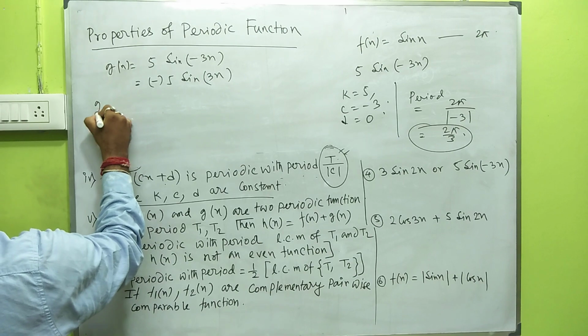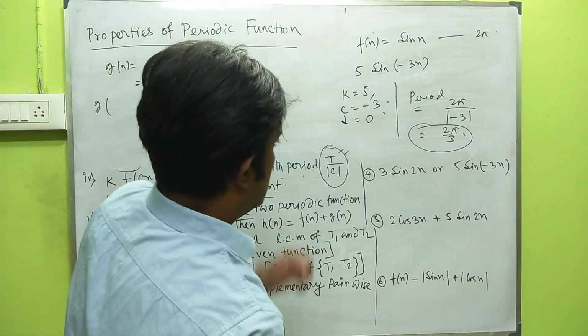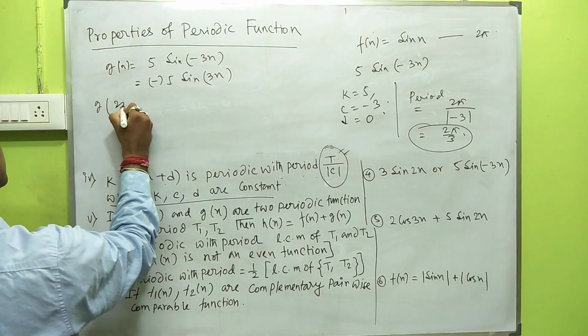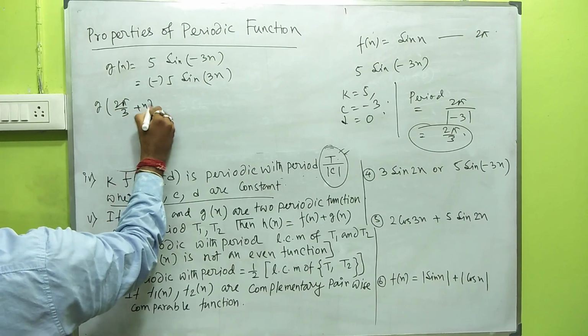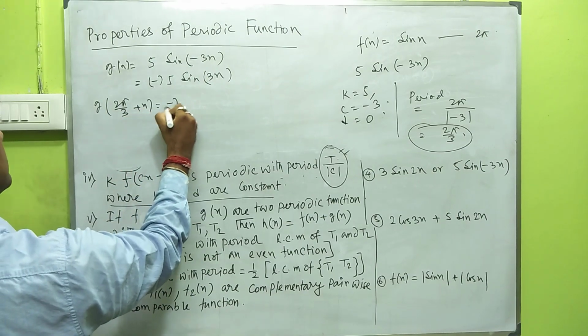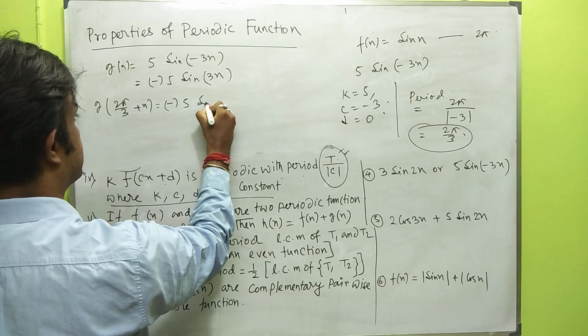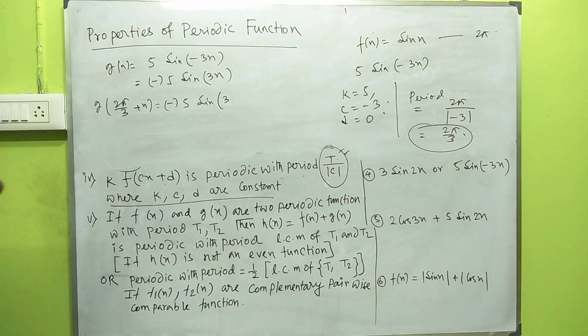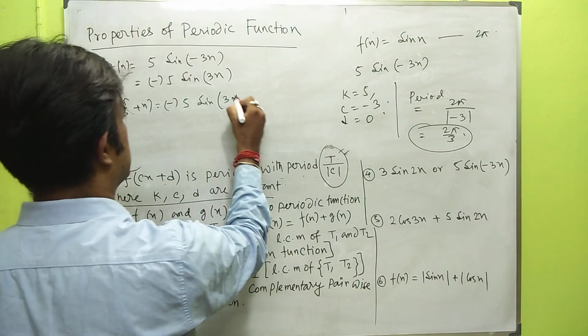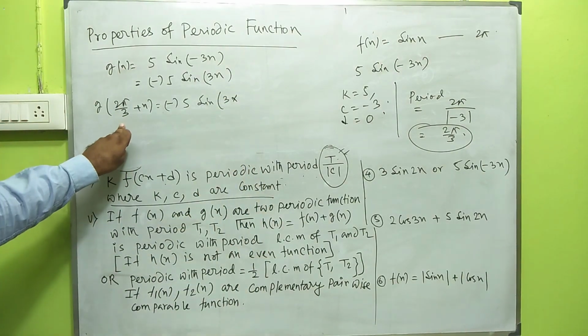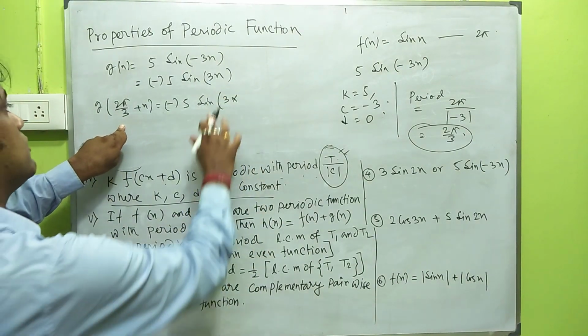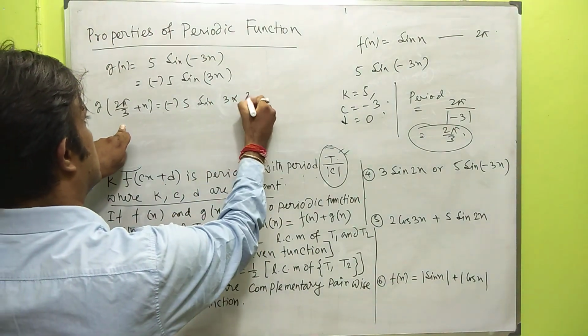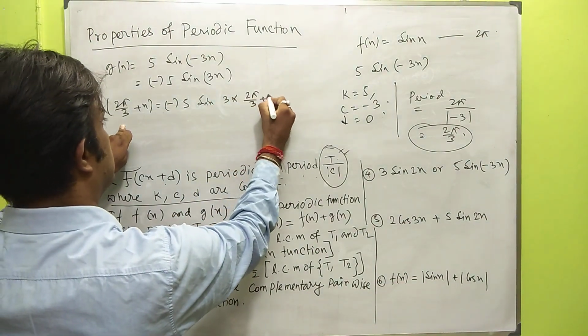Now g of 2 pi by 3 plus x will be minus of 5 sin of 3 into 2 pi by 3 plus x, 3 into 2 pi by 3 plus x.